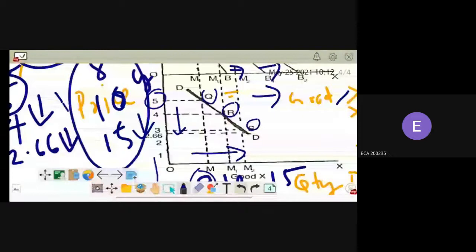So this is how we can derive the demand curve from the price consumption curve.